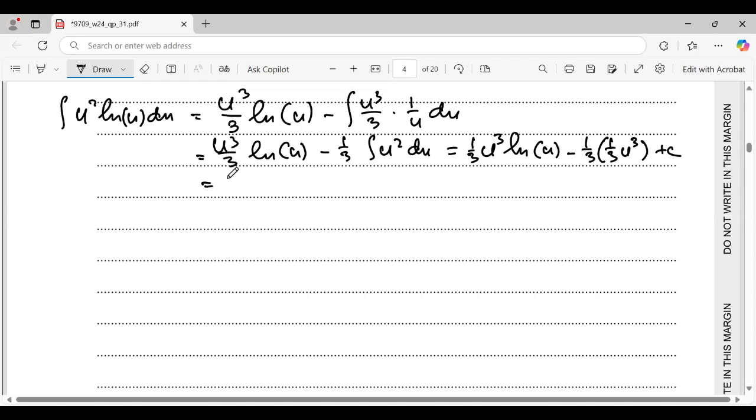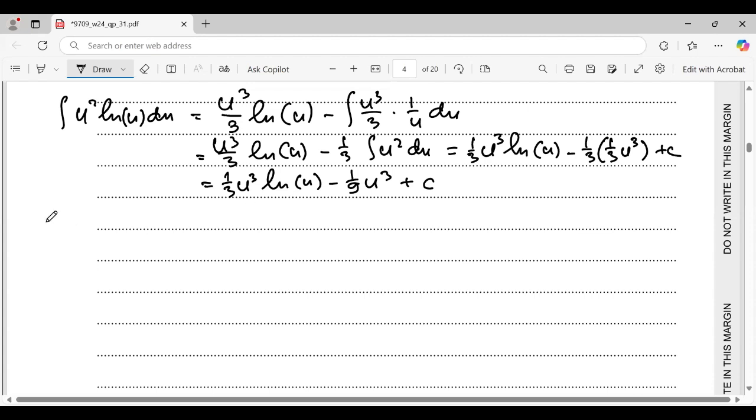So 1/3 u cubed ln u minus 1 over 9 u cubed plus c. And after that, back to the definite integral.